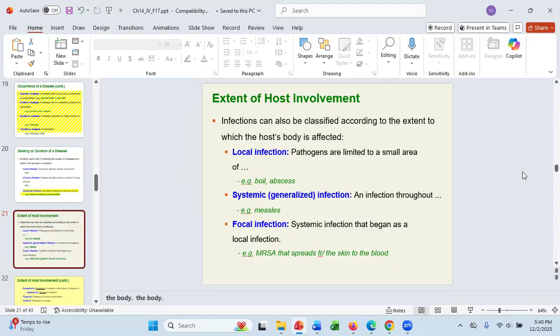Any questions about a local infection? A systemic or generalized infection is an infection that occurs throughout the entire body. Example, when a child comes down with the measles or even the chickenpox, the disease spreads everywhere in the body.